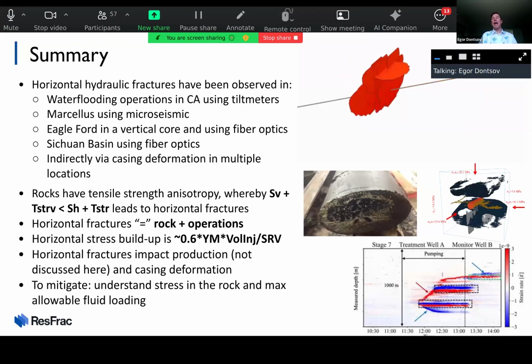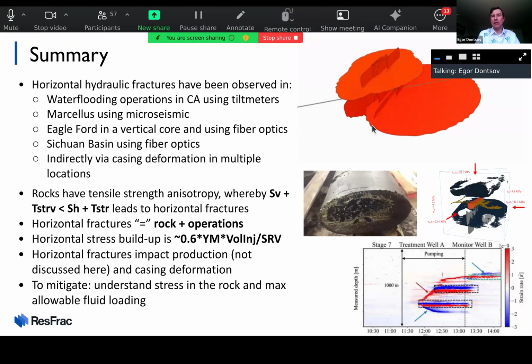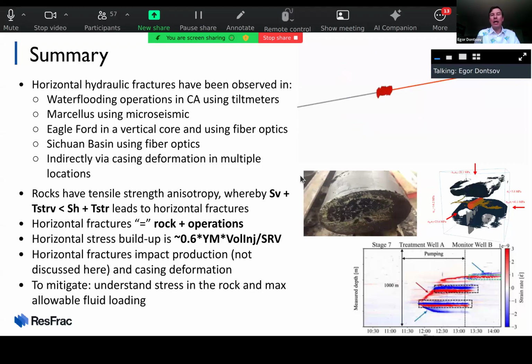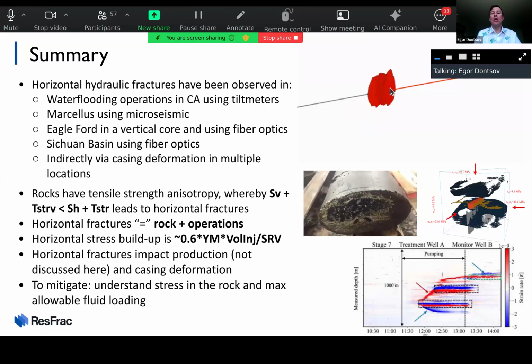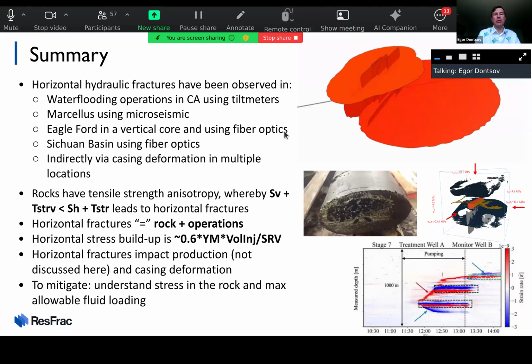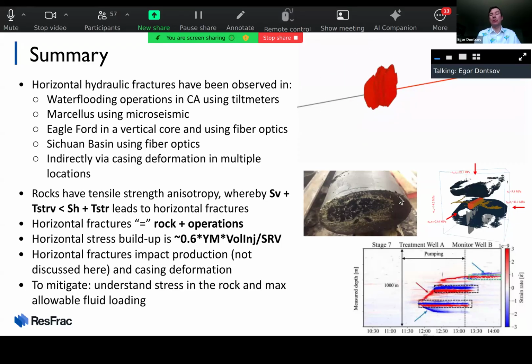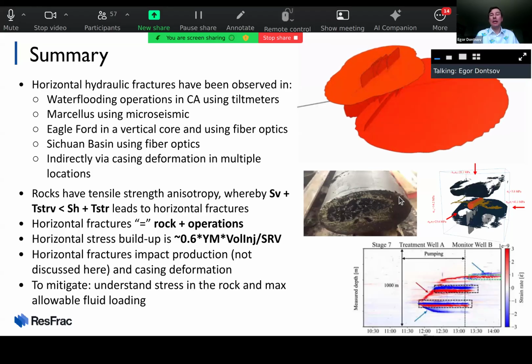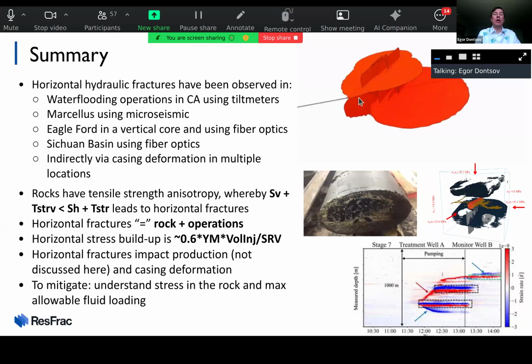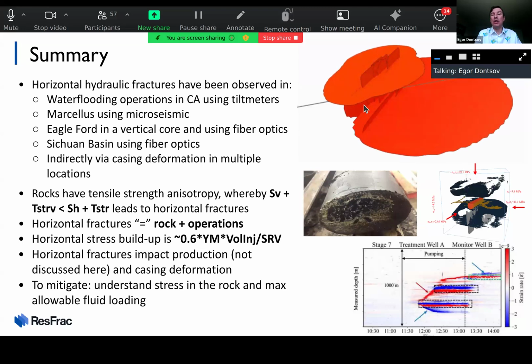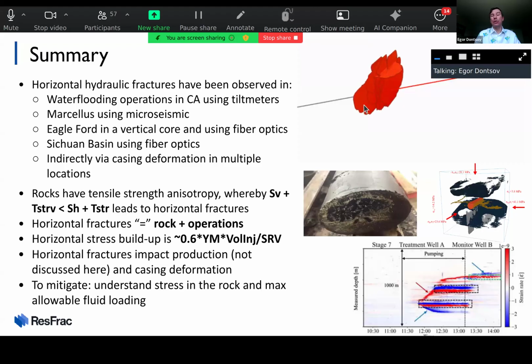Yes. See, what happens is that in order to have a picture like this, as I'm showing in the animation, you need to have a nearly isotropic state of stress. Here we don't have a lot of previous stages and stress shadows. So for this specific example, it was nearly isotropic state of stress. And if it's nearly isotropic, it means that whether you open a vertical fracture or a horizontal fracture, they face about the same closure stress.